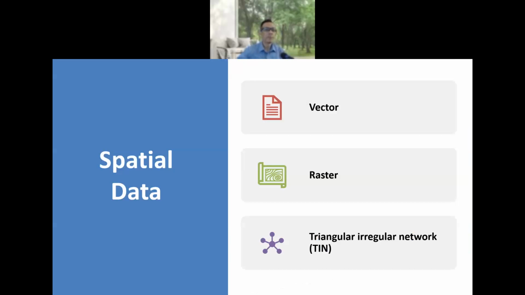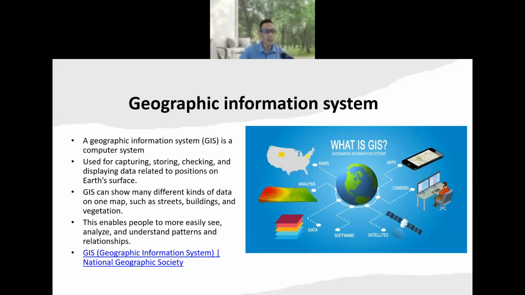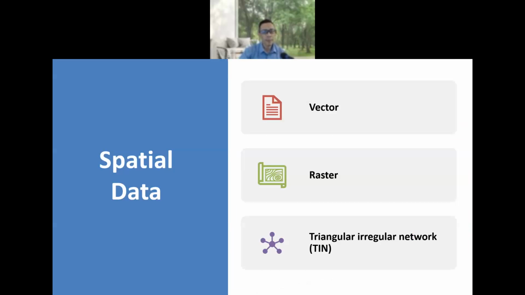Again, this data, the point, the line string, the polygons, are basically known as vector data. Okay, vector data. There is another type of data we call raster data, where the volume is continuous. For example, density of rain, vegetation index, PM10, PM2.5, where there is no point.